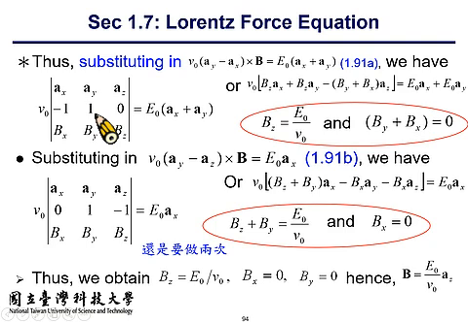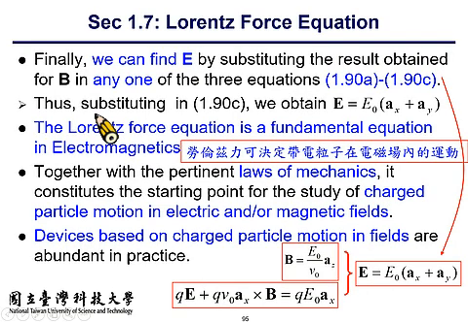So check it out by yourself. You will find that Bx equals 0, By equals 0, and Bz equals E sub 0 over V sub 0, which is the same as the first method.